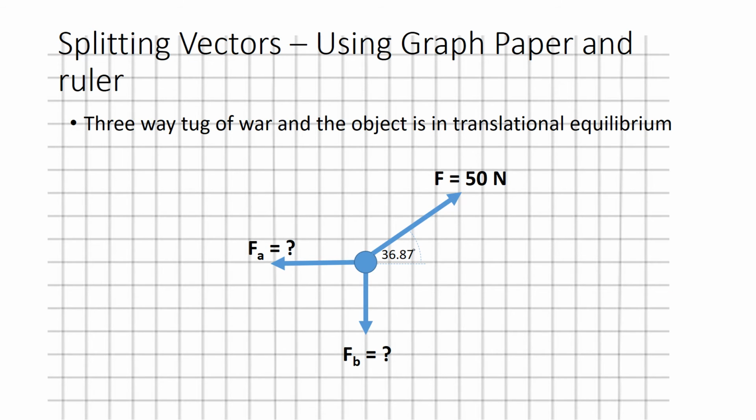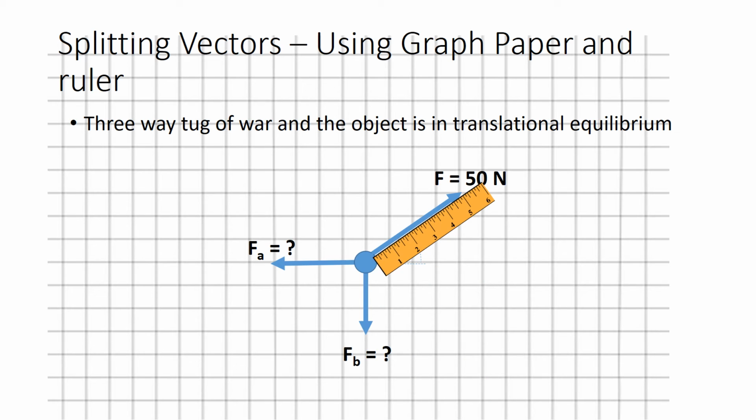Now another way to solve a problem like this, it's the exact same problem as before, but another way to solve it with relative ease is to actually just use graph paper and a ruler. Let me show you how to do that, and you'll actually see it's less work. So if I said, oh, I know I got a force at a 36.87 degree angle, and the force is 50 newtons, what I would do is I would use a ruler to draw on graph paper, and I'd pick a scale.